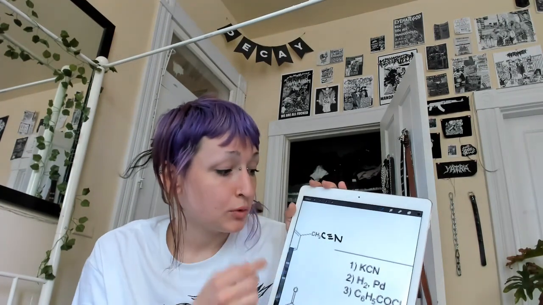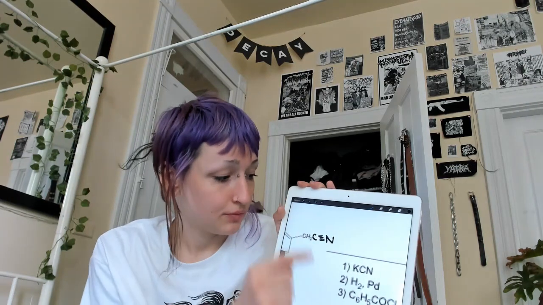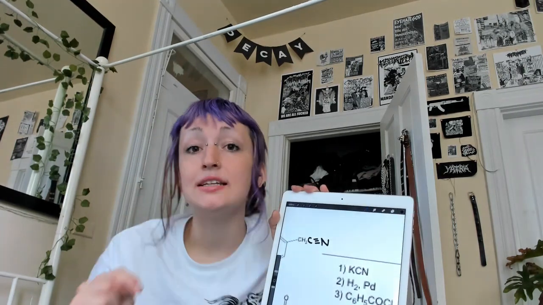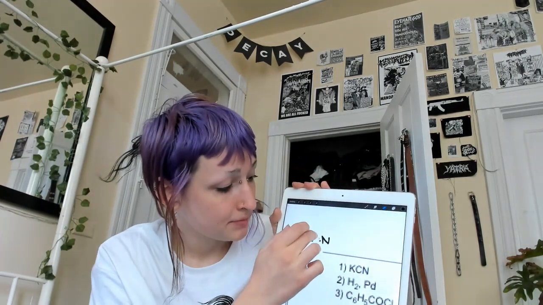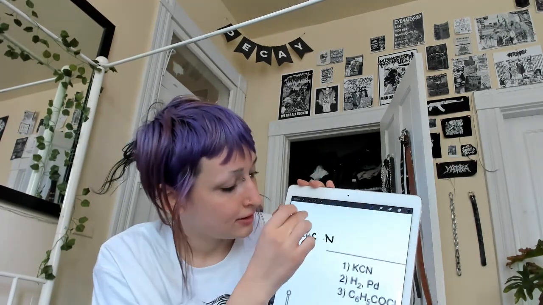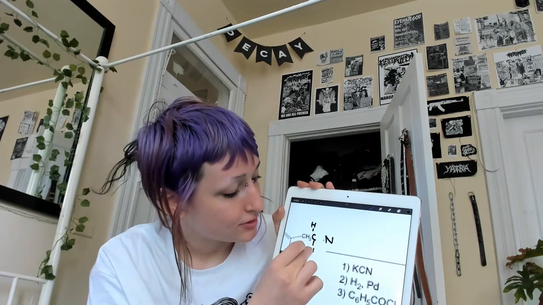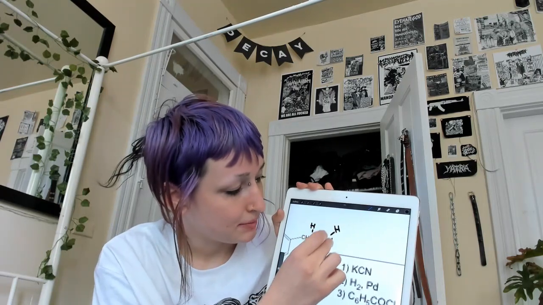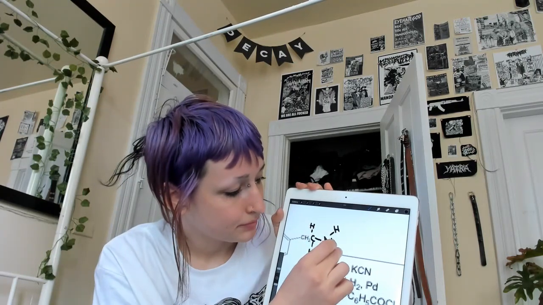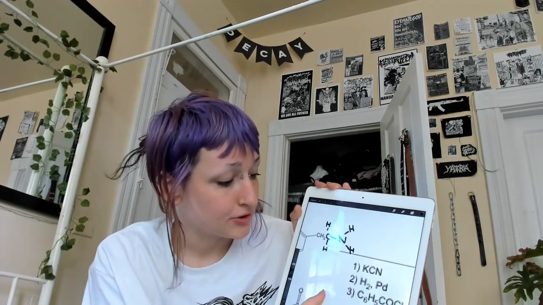But when you hydrogenate this, you're going to completely saturate that triple bond, and you're going to have your two hydrogens there, single bond, and then this is going to become NH2. So now it's completely saturated. That's where you are after step 2.